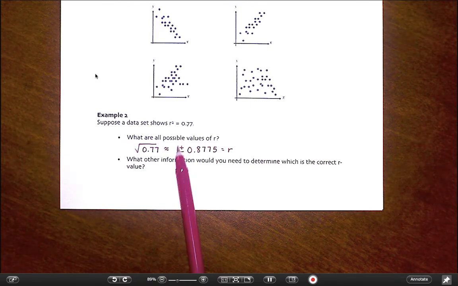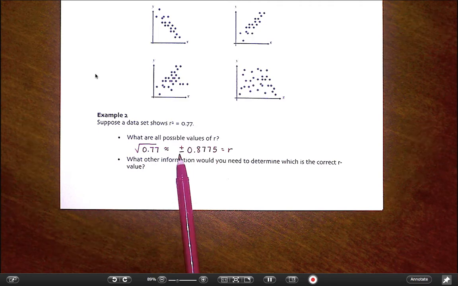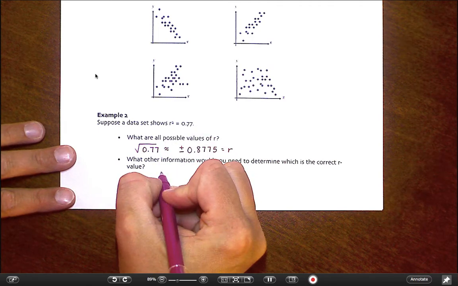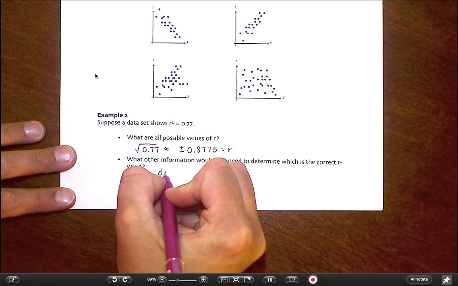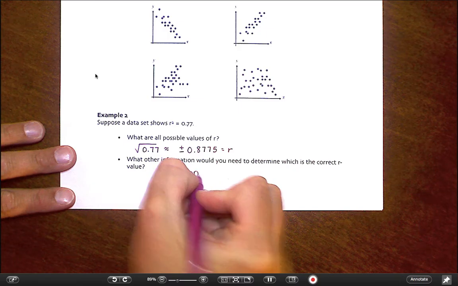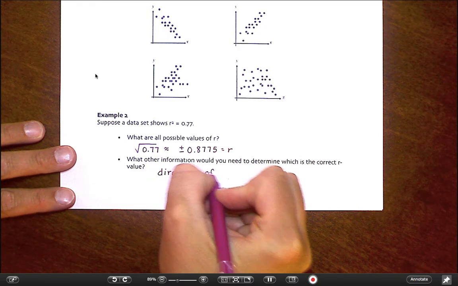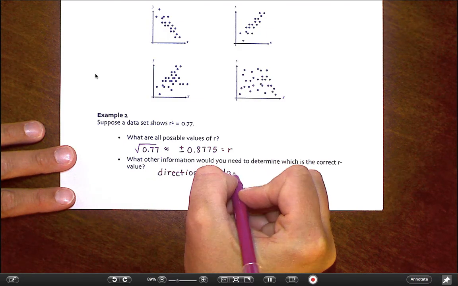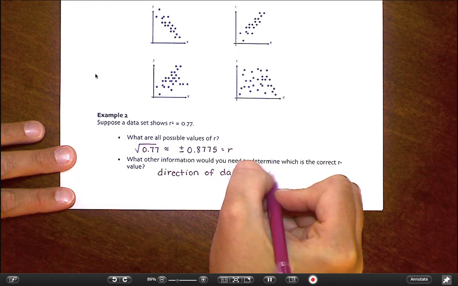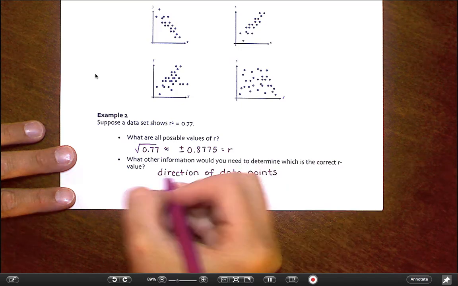Well, remember, the positive or negative on the correlation really has to do with the direction of the data. Okay? So I would need to know, and there's a couple different ways we could say this, direction of data points. And remember, that's also indicated by the slope, right?